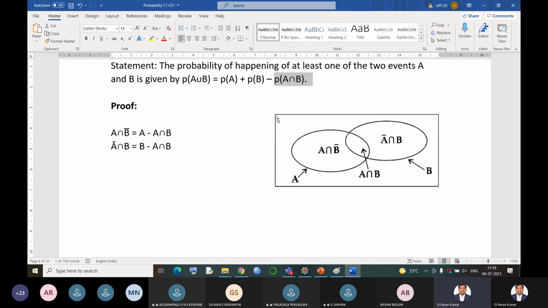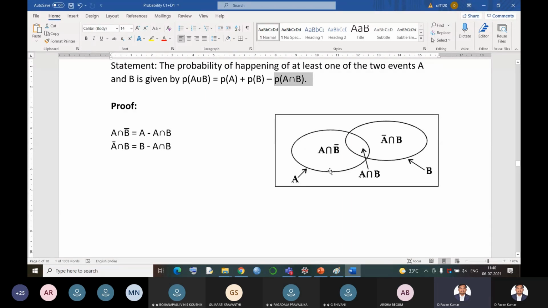Now, I'm assuming there is one experiment which results in n exhaustive outcomes. Exhaustive means the total number of outcomes of a random experiment is called exhaustive events. Out of n outcomes, I want to consider only two outcomes here.